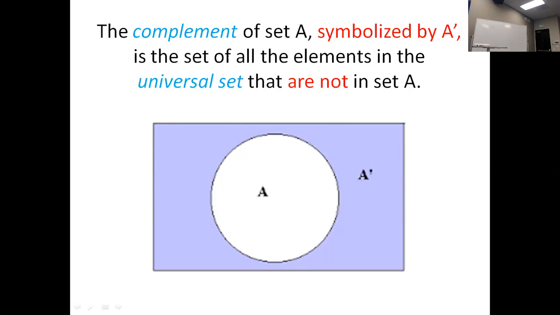If our universal set is all the students in Southern California Seminary, and A is the set of all the undergraduate students, then A prime is the set of all the others in other programs. Both of them together form the universal set for Southern California Seminary.